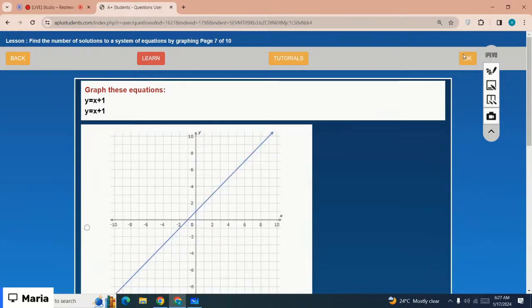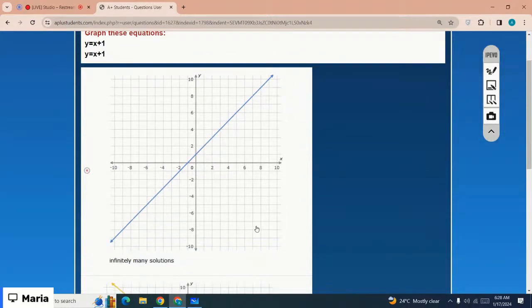Okay, graph these equations. Which is the correct option? Option number 1 is the correct option because both the equations are exactly same.